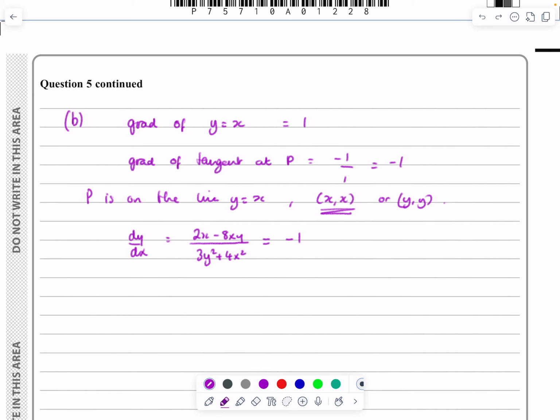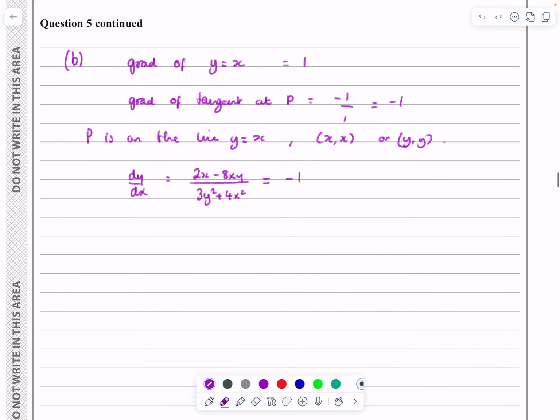So you can either get an equation in x's or an equation in y's. I'm going to get an equation in x's. So this is going to be 2x minus 8x(x) is equal to minus 1 over 3x squared plus 4. Leave the 4x squared like that.